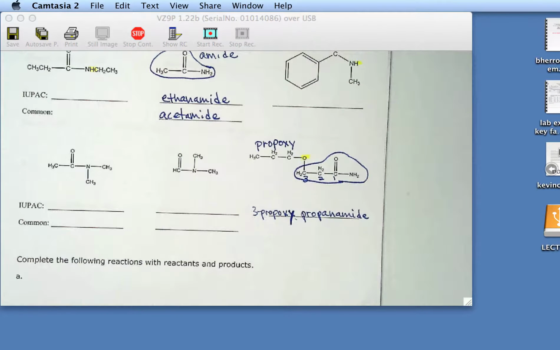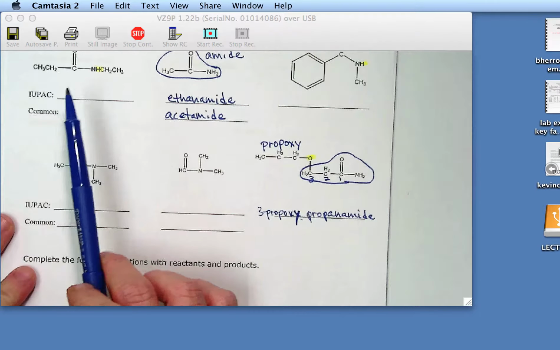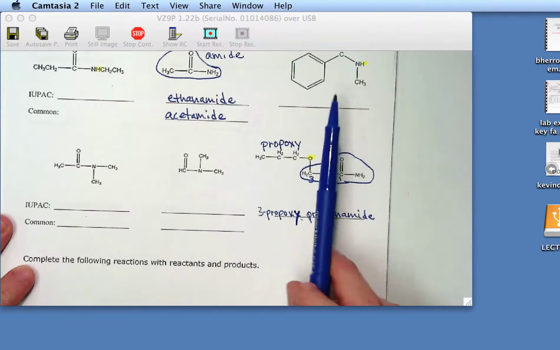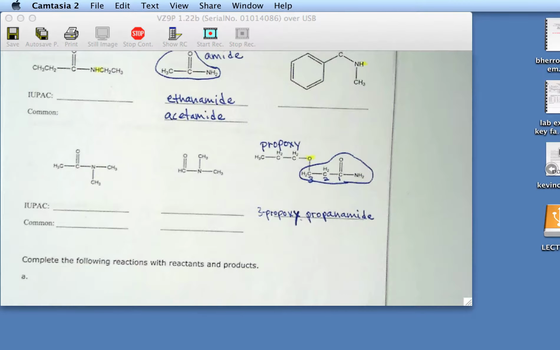So, based on our rules, I want you to work on naming these 4. Remember to take a deep breath and just try to think about it as simply as possible. Try to identify the parent. Try to circle and square. And that will get you really far with amides.